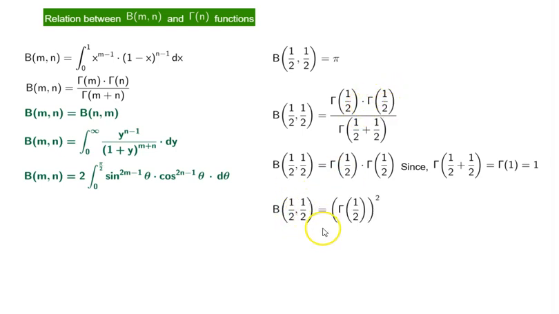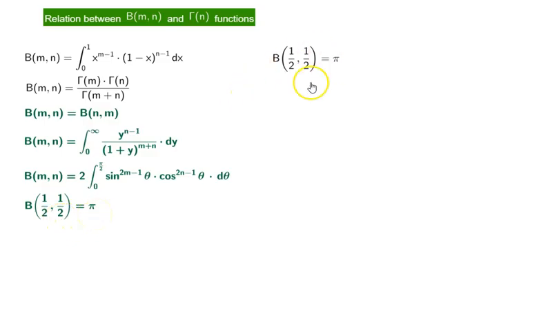Beta of 1/2, 1/2 is equal to gamma of 1/2 squared. Since we know gamma of 1/2 is root pi, we can say beta of 1/2, 1/2 is equal to root pi squared, which is equal to pi. So we have beta of 1/2, 1/2 is equal to pi.